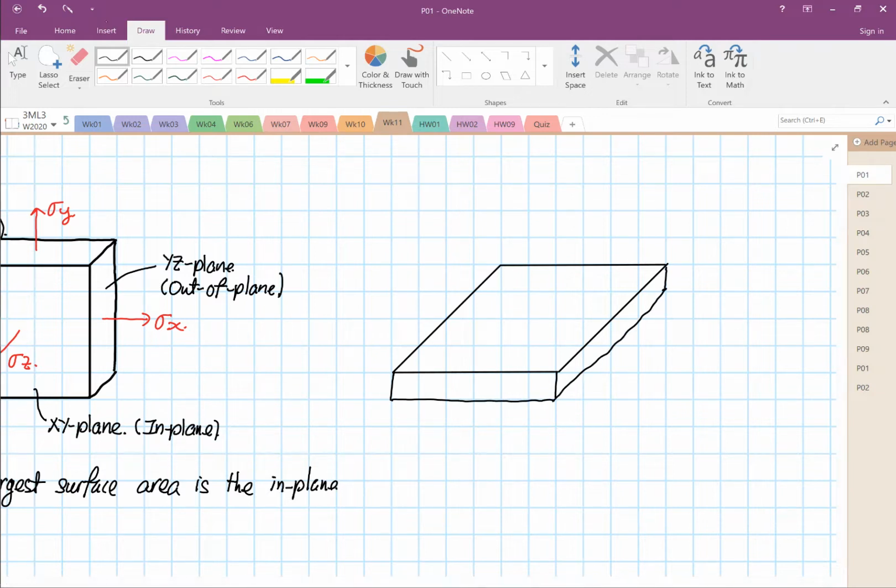So again, this will be our stress X. Over here, stress Y. And over here, our stress Z. So we know based on 3D, this is our XZ plane. And this will be our XY plane.